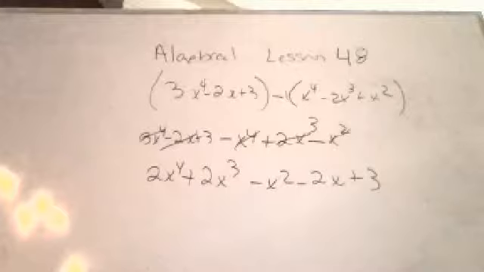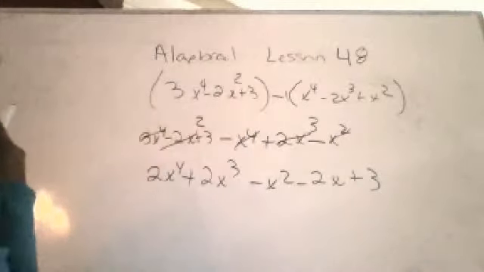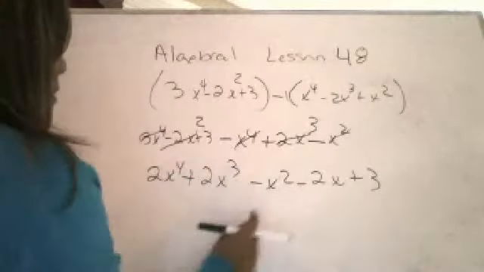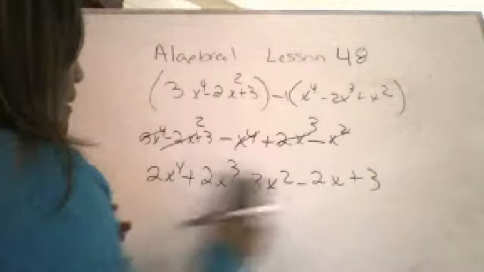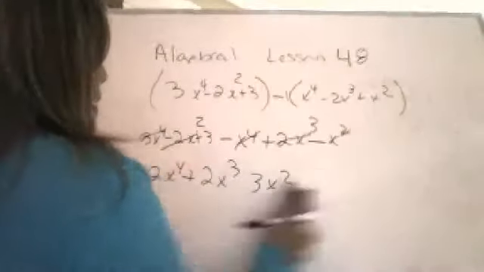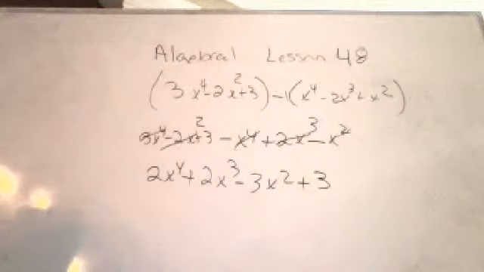Let's see, 4, 3 squared. Oh, this is a square. Sorry. Which would make these two together equal negative 3x squared plus 3. There we go. There's your answer. And that's all you do.